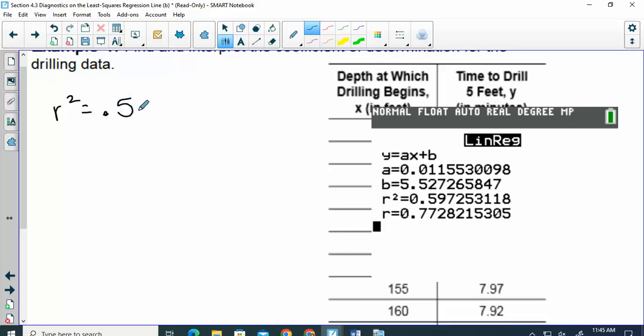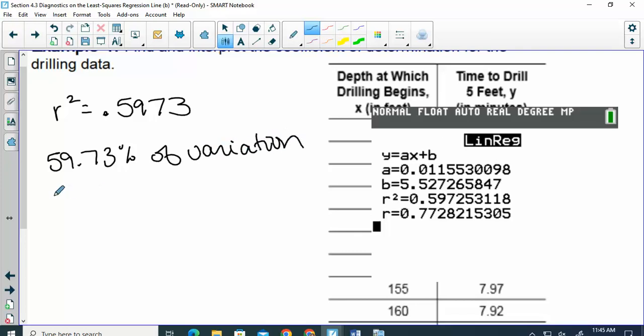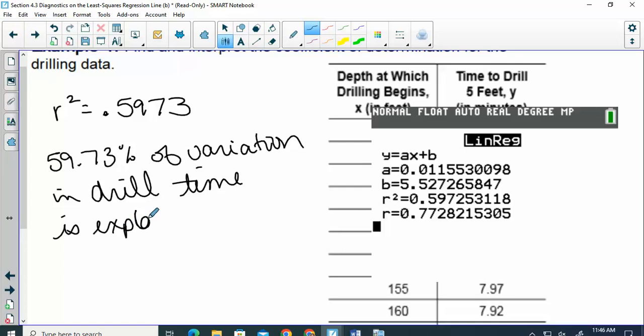So 0.5973. Okay, what that means is 59.73% of the variation in drill time is explained by the regression line.